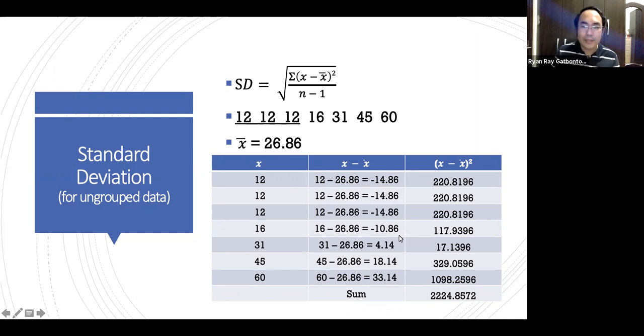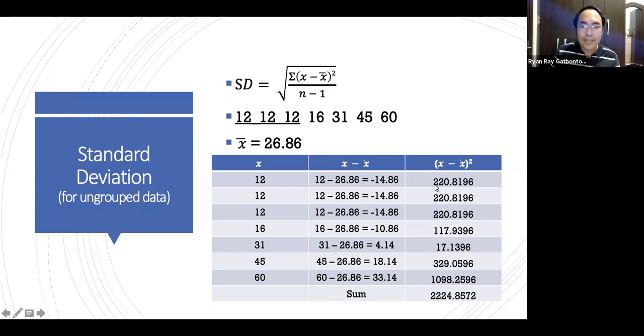And we get these values. After getting these values, we square them, which is the value that is needed for your standard deviation. Squaring the difference between the data and the mean, we get these values.